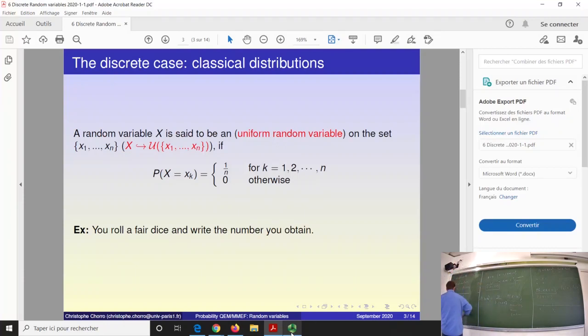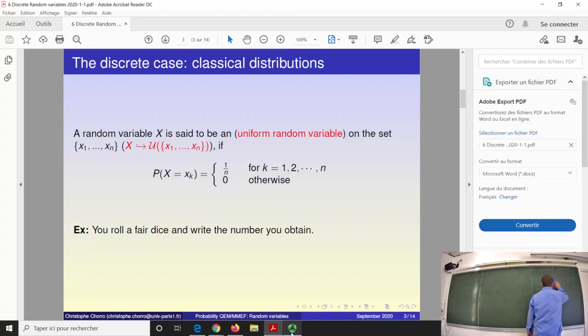So in the case of the uniform distribution here, the probability mass function is just given, for the elements of the set of possible values, that is the range, by 1 over the number of elements.